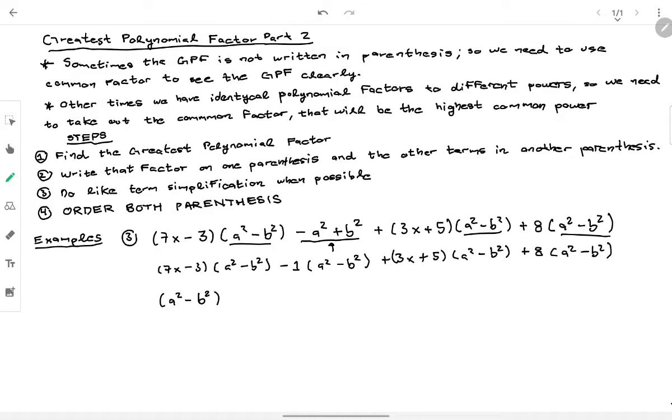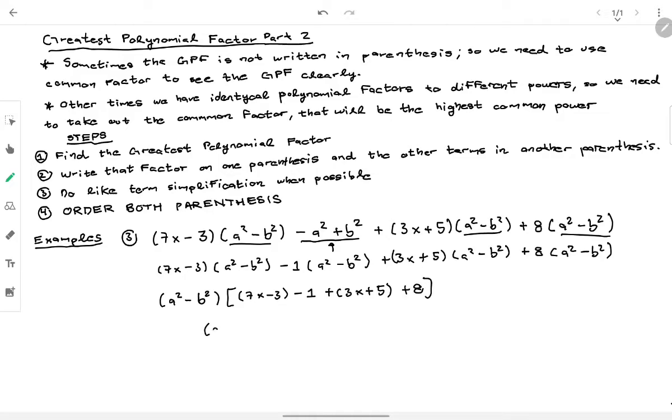On the second parenthesis, I will put a bracket on this one. It's going to be 7x minus 3 minus 1 plus 3x plus 5 plus 8.